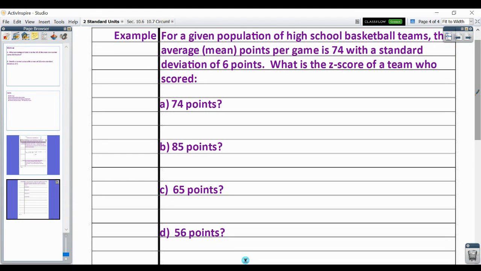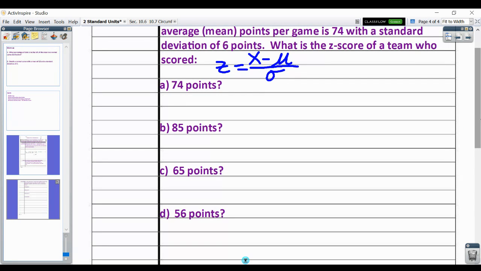Again, you have the formula written down in front of you: z equals your data point minus the mean, divided by S, or sigma, or the standard deviation. I'll write both of them, because that's another way you'll see this formula written. S and sigma are the same thing.